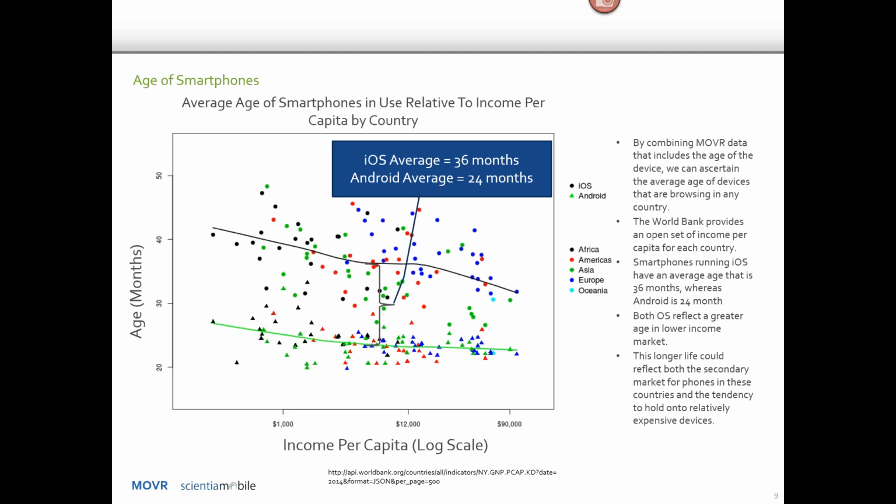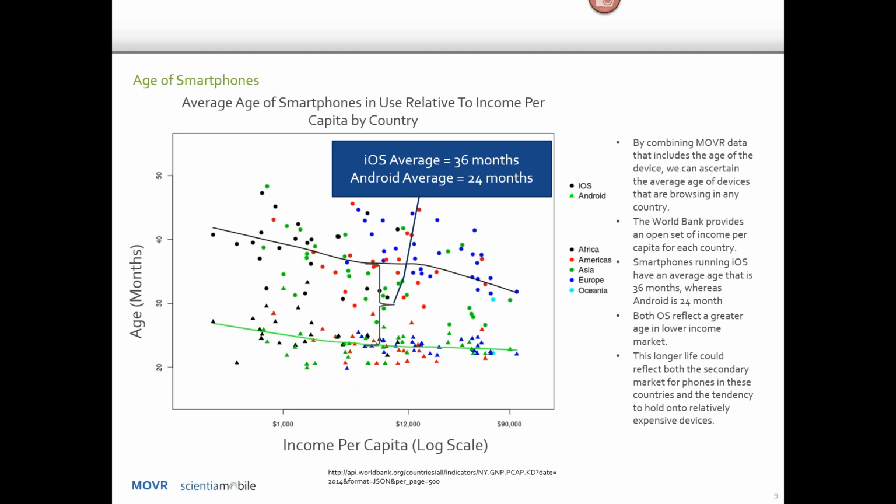And what we found is that when we look at each individual country and we look at the average, iOS devices actually have a longer lifespan of about 36 months versus the Android average of 24 months. And as you get to lower income countries, that lifespan goes up. In higher income countries, it's lower.